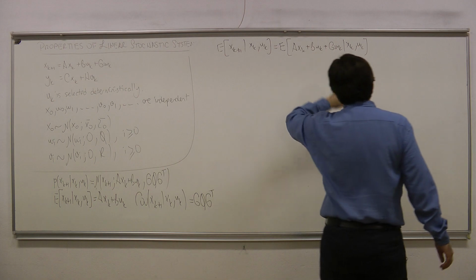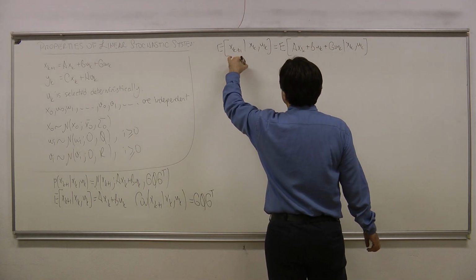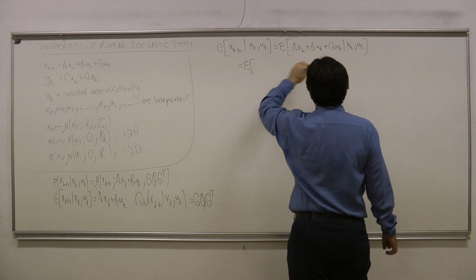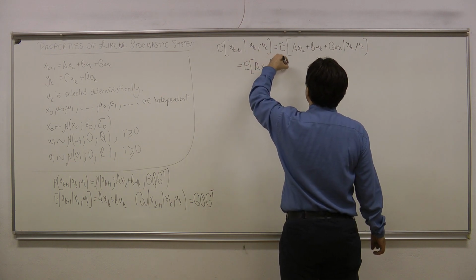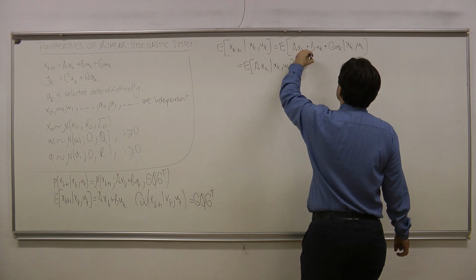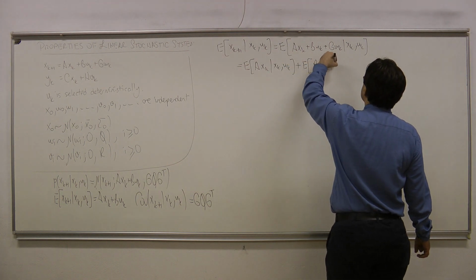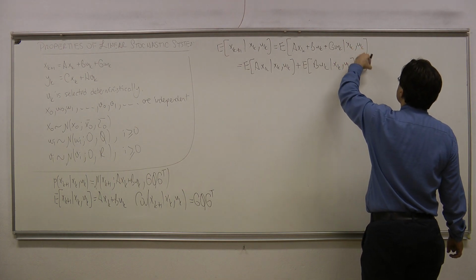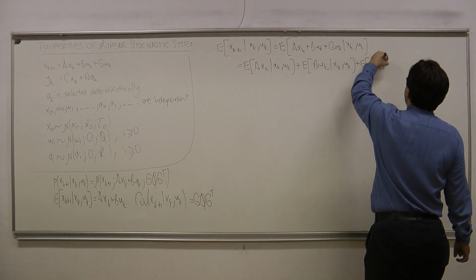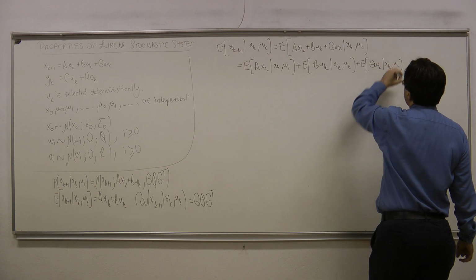So now I can distribute this expectation over the sum here: axk given xk uk, plus expected value buk given xk uk, plus expected value gwk given xk uk.